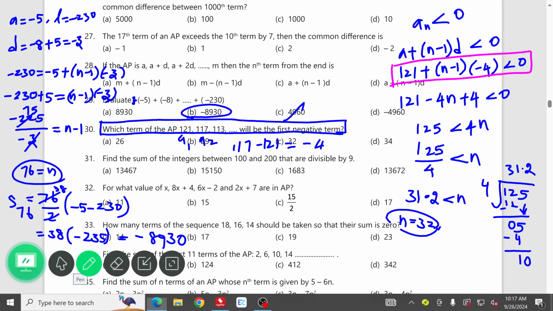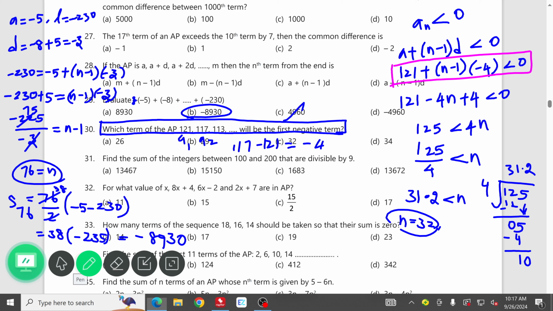Till this step you will do correctly. Suppose anyone tries this method: minus 4. 121 when you send opposite, minus 121. Minus minus we can cancel. When we have an inequality, we should not just cancel. If we cancel, we should change this symbol. It should be reversed: less than becomes greater than. There you should be careful.